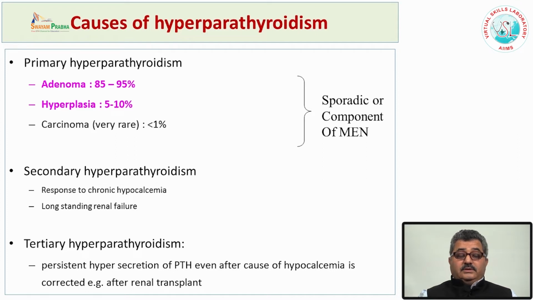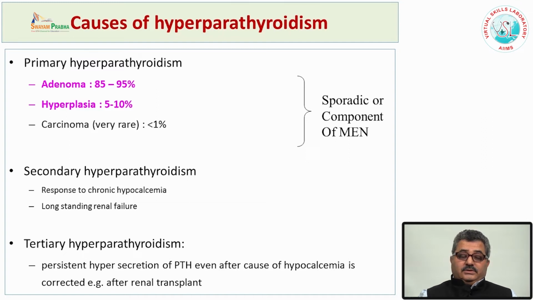Secondary hyperparathyroidism is a disease where there is chronic hypocalcemia, and there may be some reason in the renal system, such as kidney failure, which leads to secondary hyperplasia of these glands. Whenever these secondary diseases are corrected, the parathyroid levels go down.